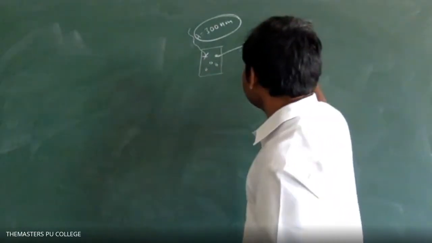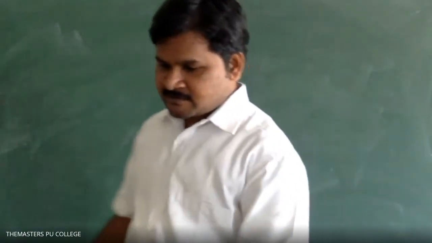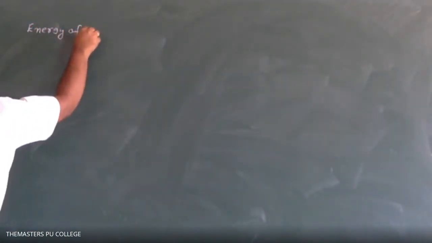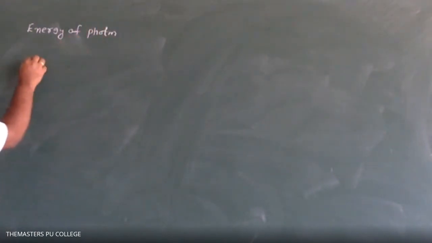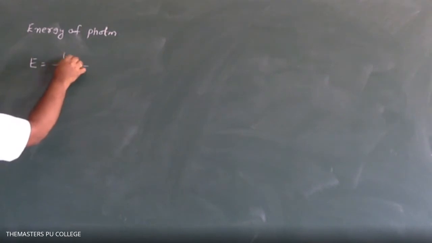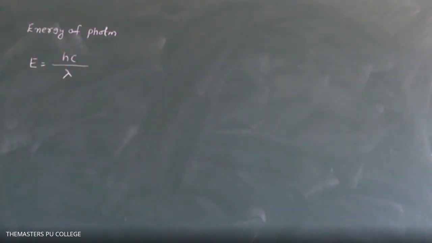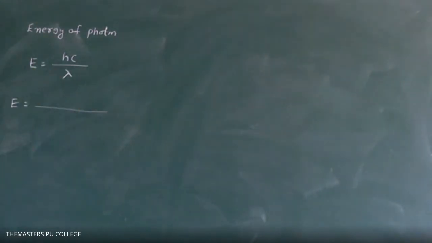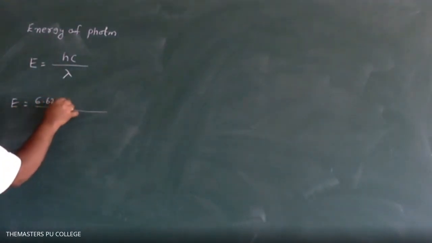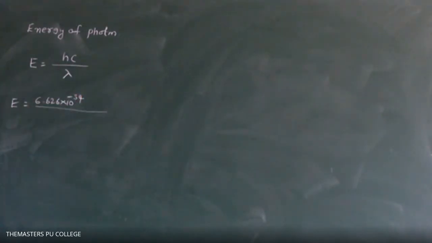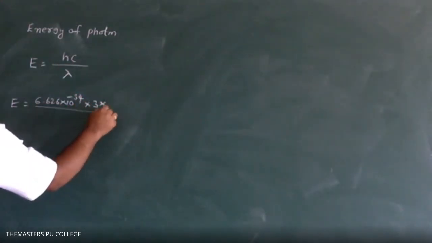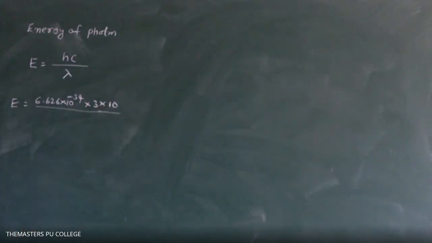Now I will solve step by step. Please observe. First, energy of photon. E is equal to hc by lambda. What is the h value? Take in SI units: 6.626 into 10 power minus 34 joule second, into velocity of light. What unit do we have to take, meters or centimeters?